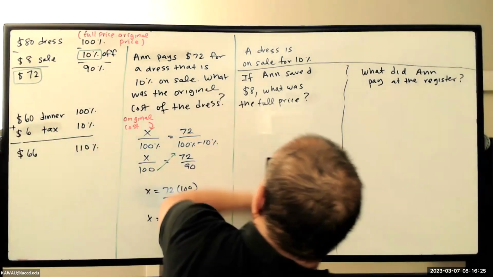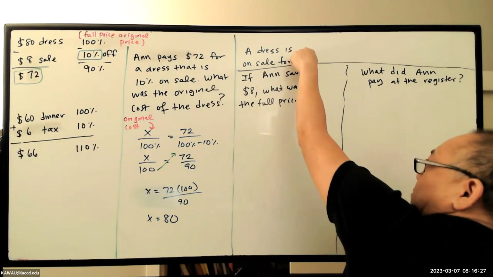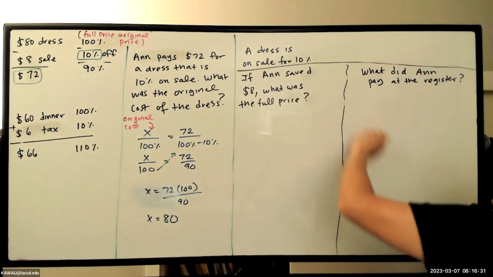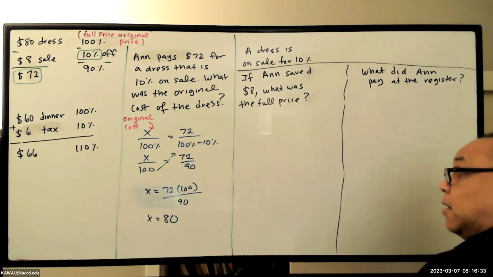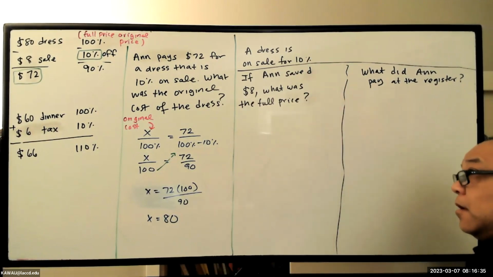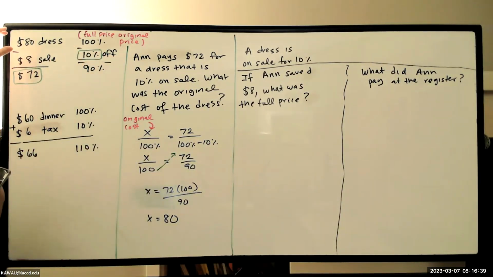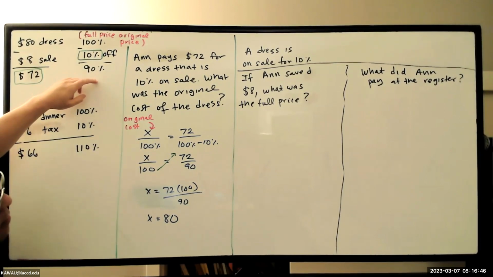I want you to solve this problem given this information. Then forget it, and then I want you to solve this problem given this information. Okay. So remember that you're trying to find a pair. You're either going to have 80 over 100%, 8 over 10%, or 72 over 90%.